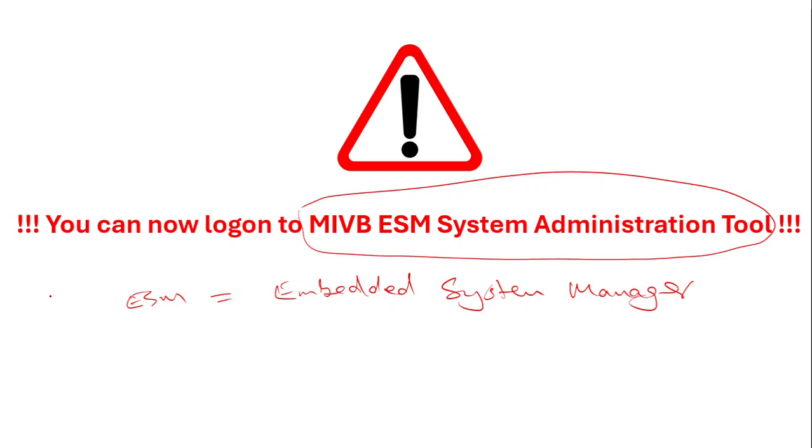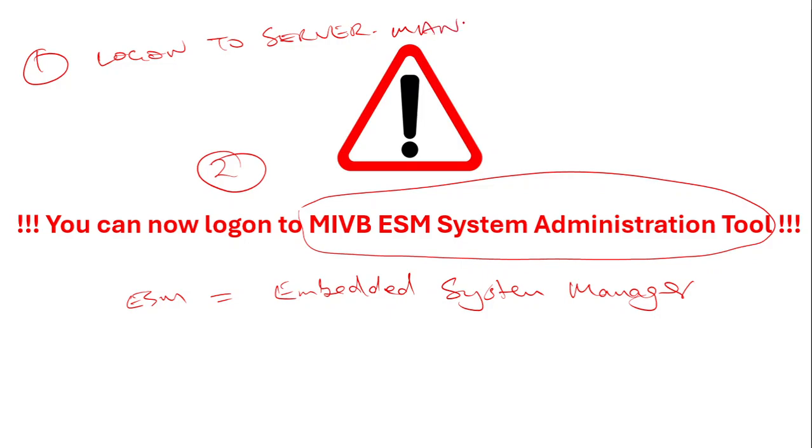So now that we are done with the server manager, we can go to step 2, which is logging onto the System Admin Tool. Remember, we said our first step is to log on to the server manager, and we are done with that, where we have changed our default password to the new one that we wanted.